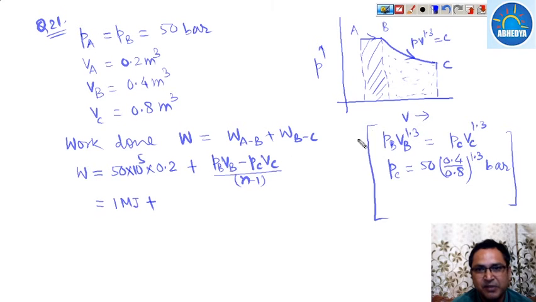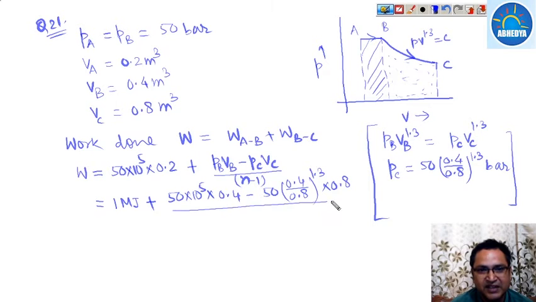Plus Pb Vb. What is Pb? 50 bar, that is 50 into 10 raised to the power 5, into Vb, the volume, which is 0.4, minus Pc. Pc we have calculated, that is 50 into 0.4 by 0.8 raised to the power 1.3, into Vc, the volume, which comes to be 0.8, divided by n minus 1, that is 1.3 minus 1.